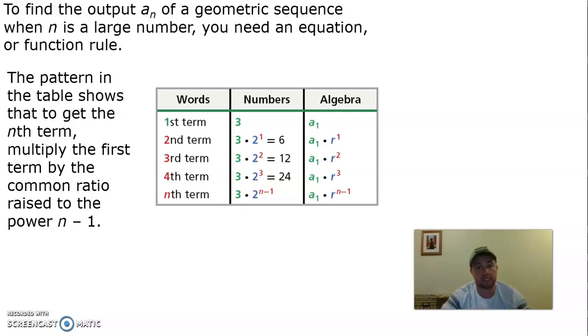Well, repeated multiplication, or times 2 times 2 times 2 times 2, that is an exponent. So our formula is a sub 1, our first number, times our common ratio to the n minus 1. And the n minus 1 is an exponent.